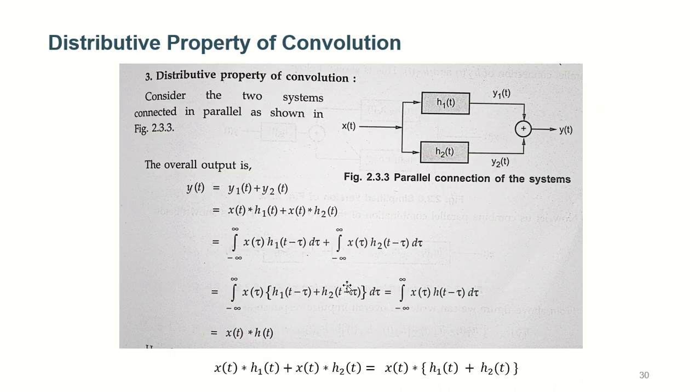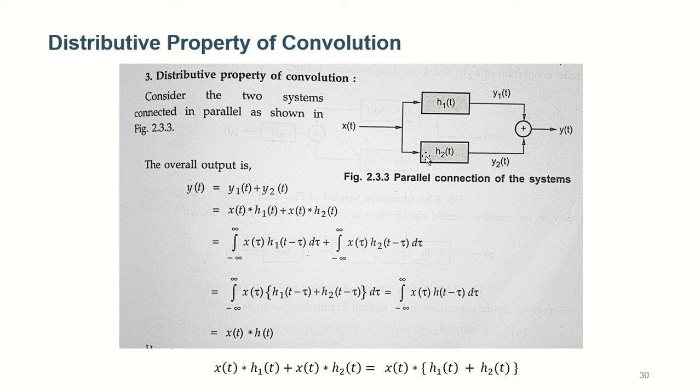Now coming to the third property, the distributive property. So for the distributive property, what do we have to do? We have to take two different systems, both in parallel connection.